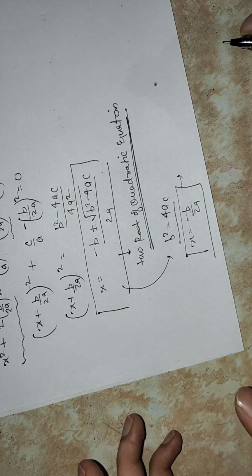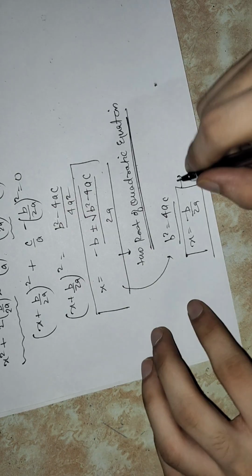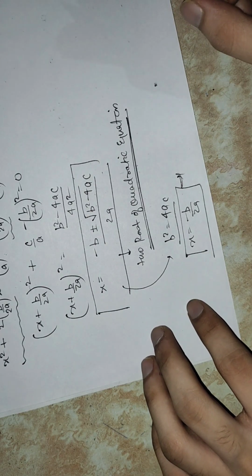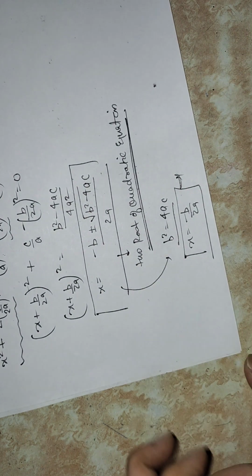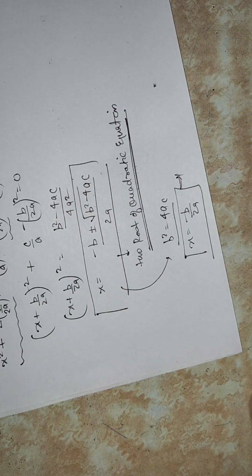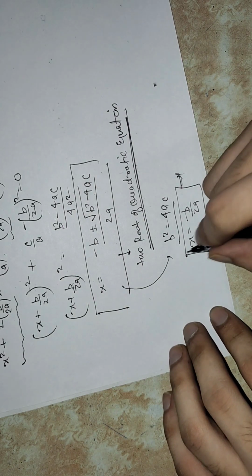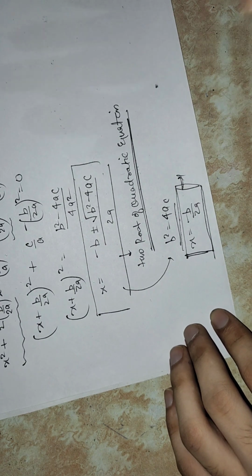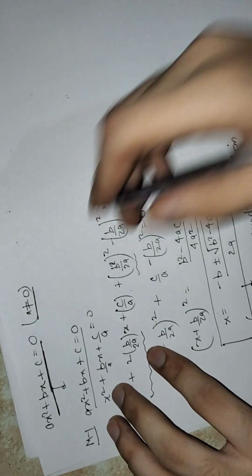The roots can be equal or unequal. Here, when b square is equal to 4ac, the two roots of the quadratic equation coincide, so we say that the roots are equal. But this quadratic equation still has two roots, minus b by 2a, comma, minus b by 2a.